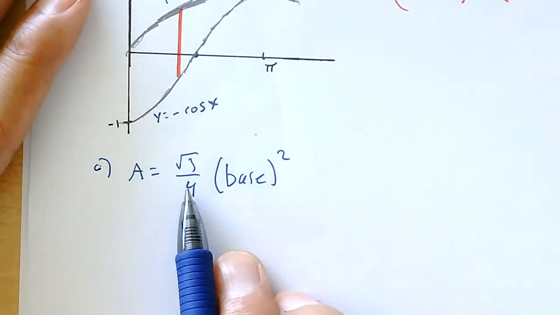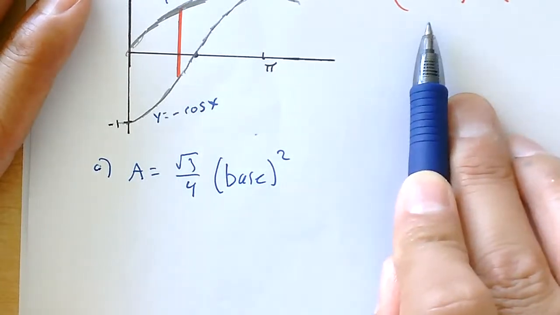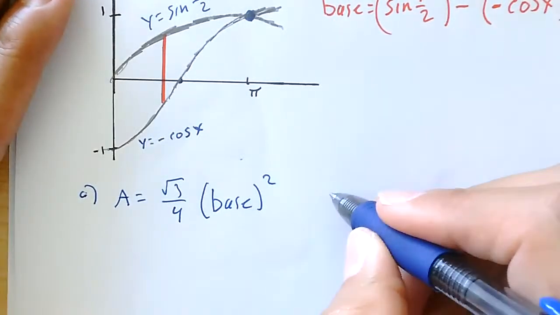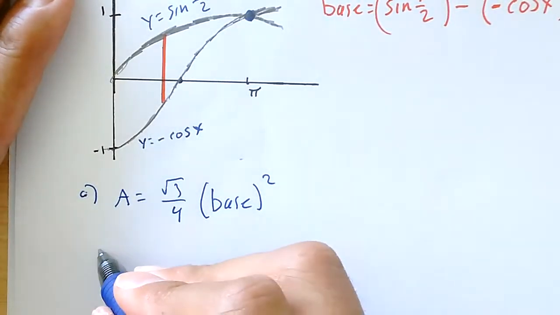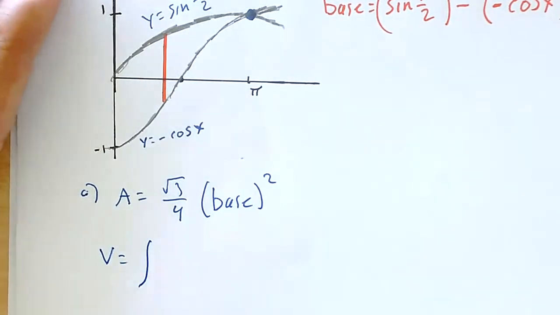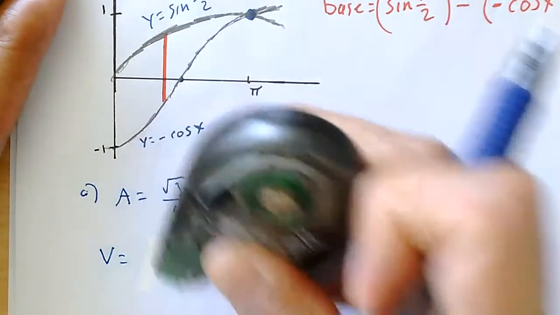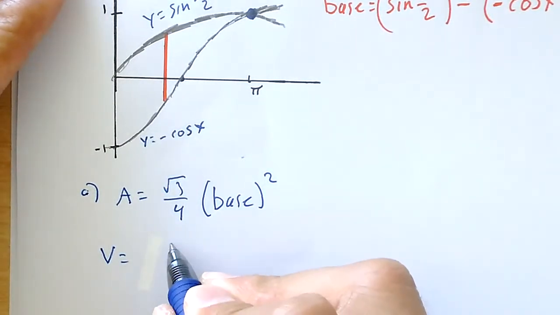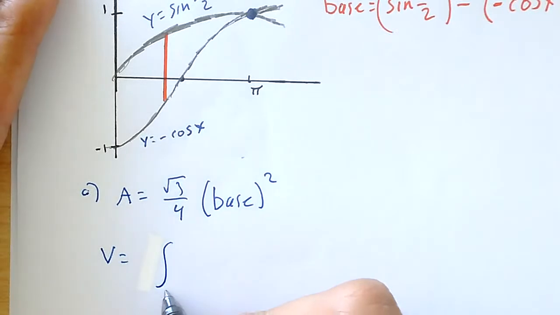That is the area, and the base is what I have written up there. So the volume for part A in terms of x, I'm going to give myself a little bit of space here. When I integrate in terms of x, I'm going from 0 to pi.